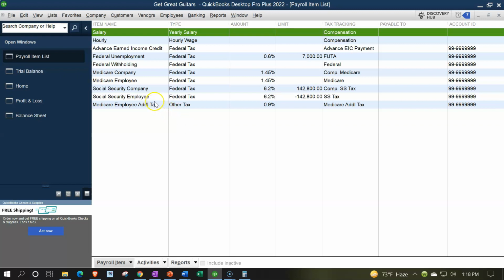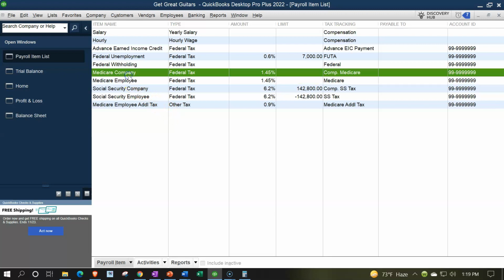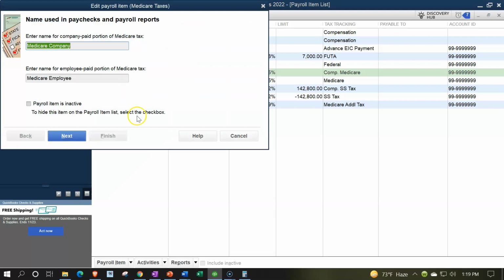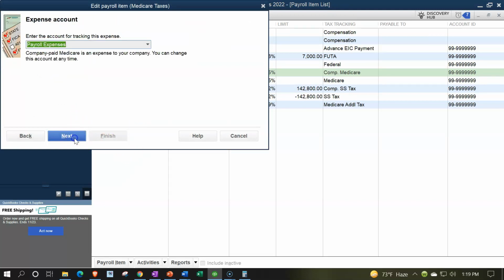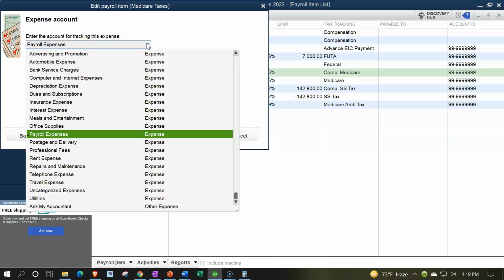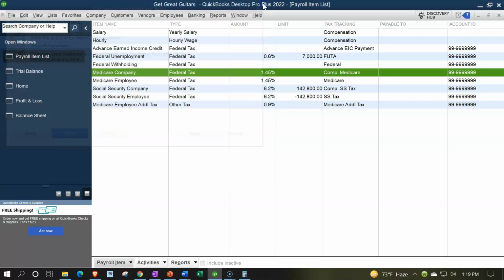You might go into the employer taxes. Here's the employee Medicare and the company Medicare. If I go into the company Medicare and say next, for example, and it's going into the payroll liabilities, this payroll expense right there, you could set that up to another account, calling it payroll taxes expense instead. But I won't get into that. By default, they'll just dump it all into the payroll expense.